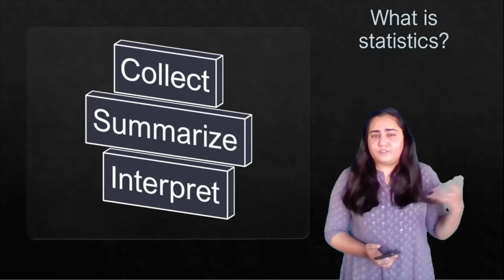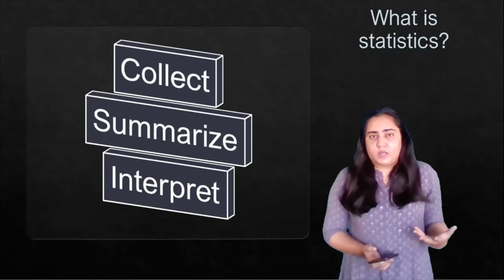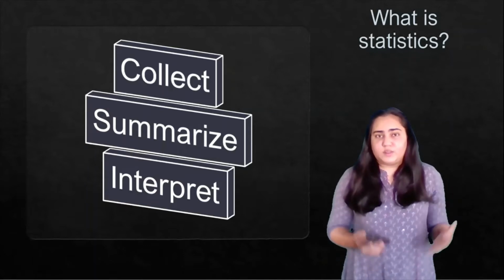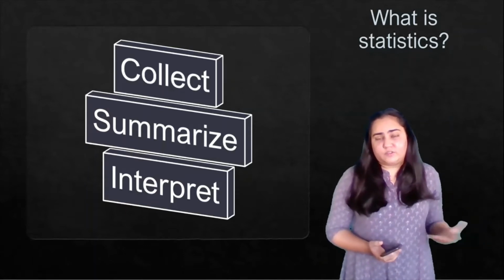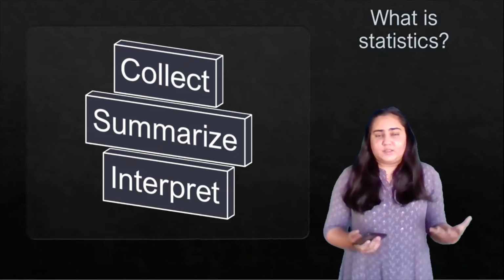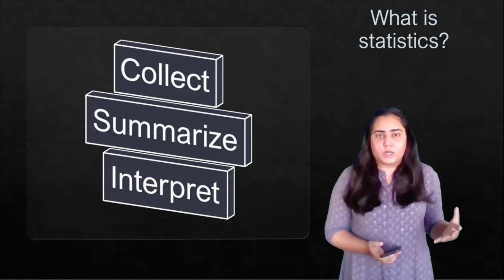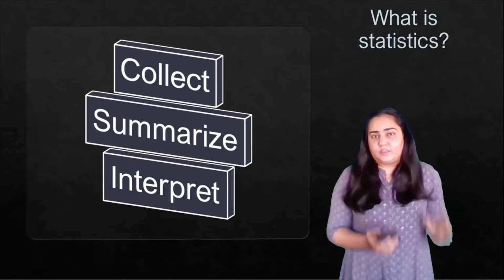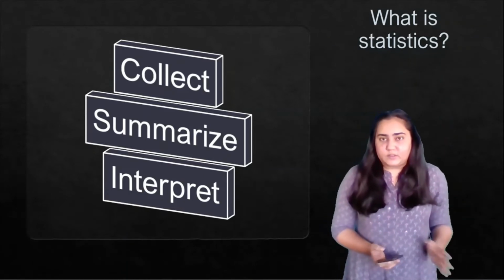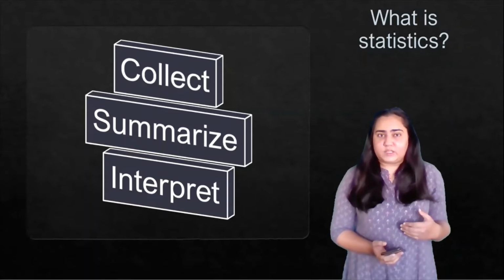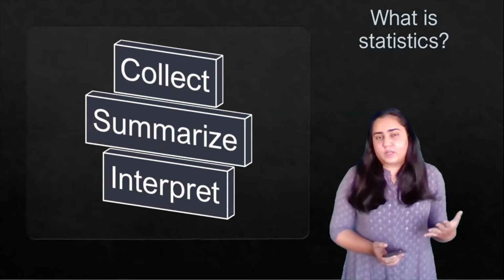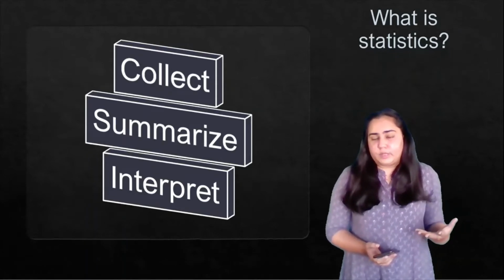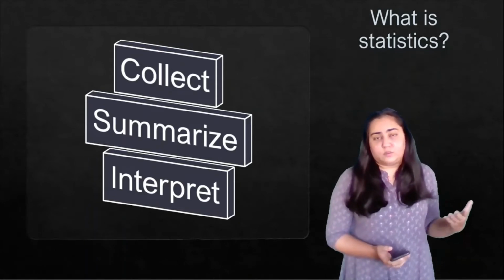So if I'm given, say, about 10,000 numbers, and those numbers depict the ages of different people. And let's say these are the people who probably visit a theater to watch a movie. So if I'm given the ages of such people and so many people, and I have to decide which is the age group that visits the theaters the most.